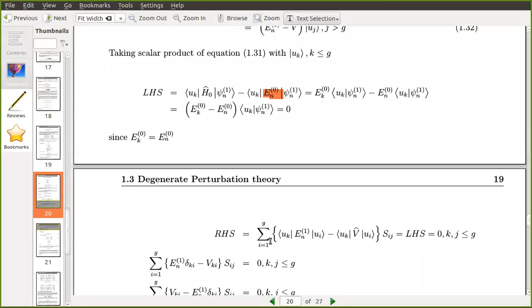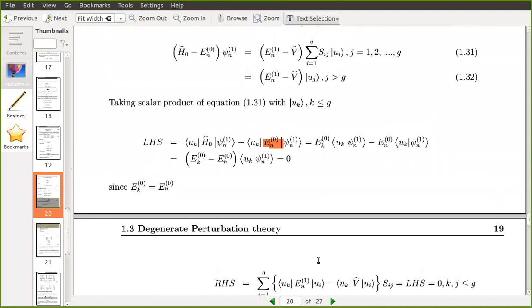Here also you have to multiply on the left side with uk. So uk en of 1 ui from the right side. The summation you can take to the left side, Sij you keep on the right side. The ui comes from the right side, uk comes from the left side. So uk en of 1 ui, en of 1 you can take outside.